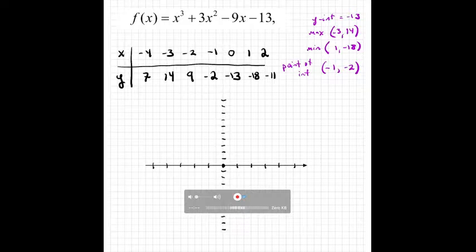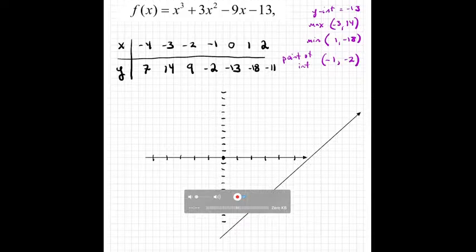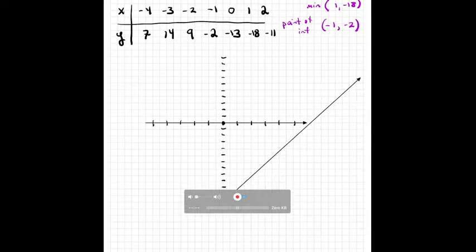I'm going to copy and paste, and do it like this. This goes there, and this goes there. Let's move it a little bit closer.